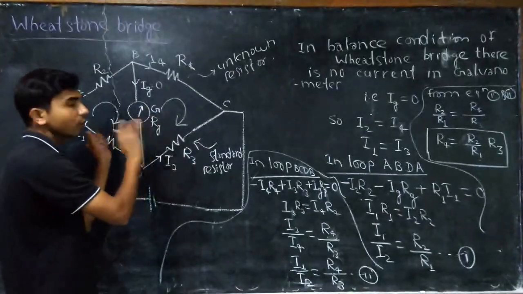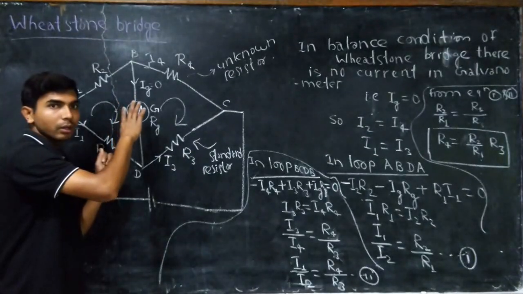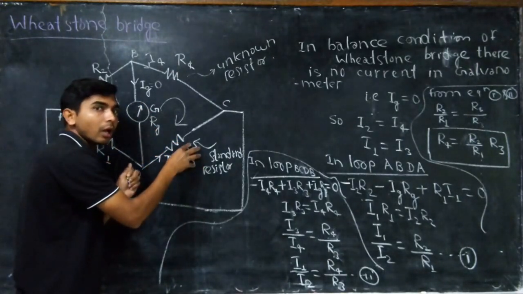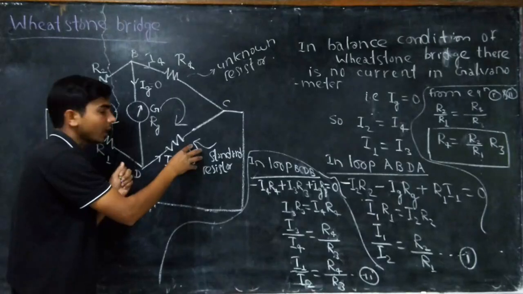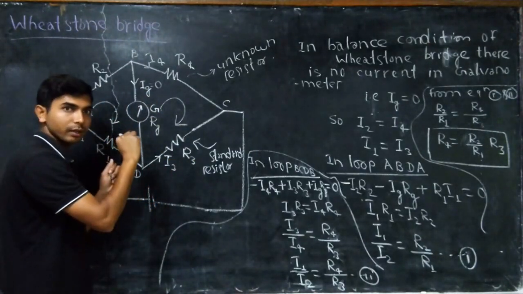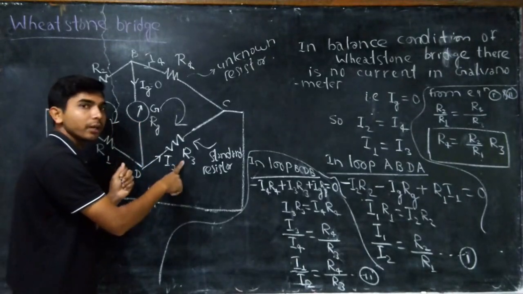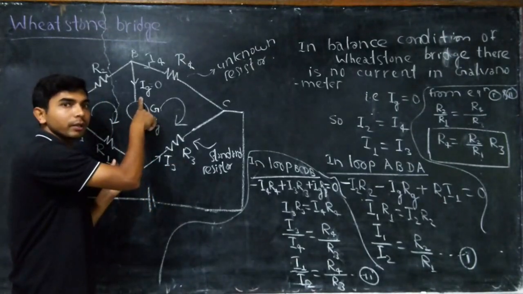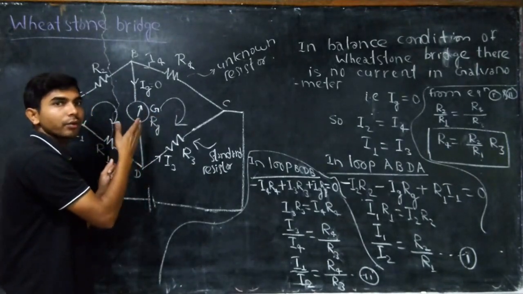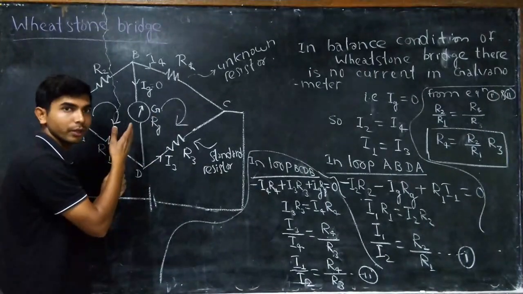So right now there is current in the galvanometer, right? As we change the value of R3, the current in the galvanometer is changing, right? At a certain value of R3, this current will become 0, right? That condition is the condition of a balanced Wheatstone bridge, right?